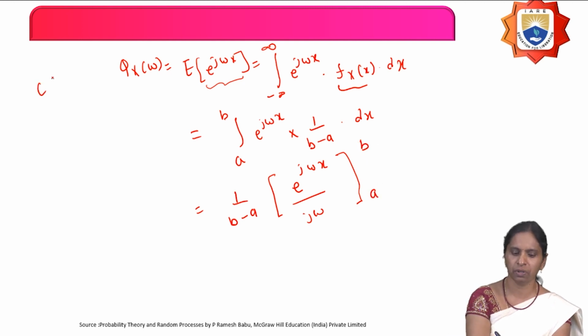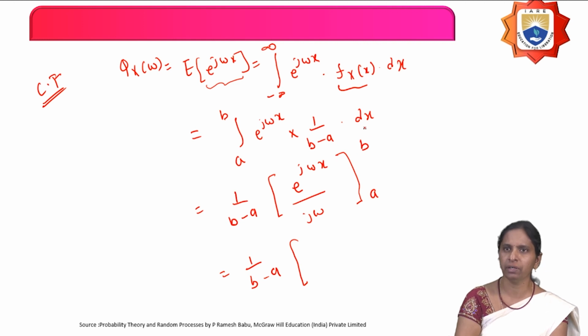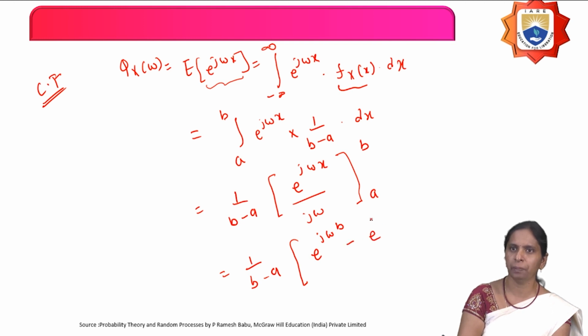So this is nothing but the characteristic function, equal to 1 by b minus a, integrating with respect to x. Therefore, in place of x you substitute the upper limit b, minus the lower limit a. Then we obtain e power j omega b minus e power j omega a by j omega.